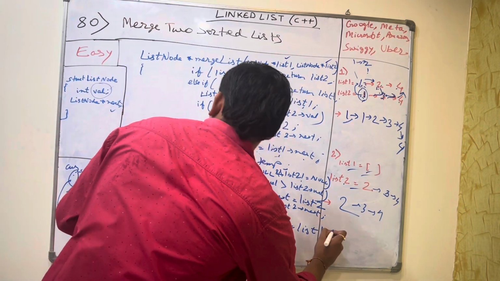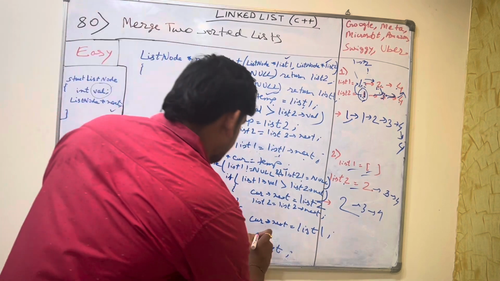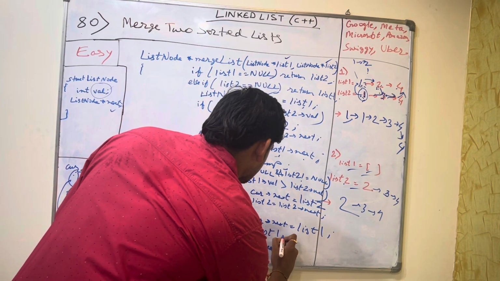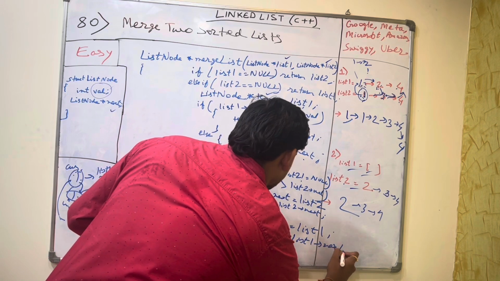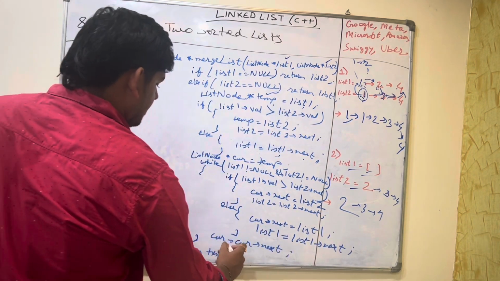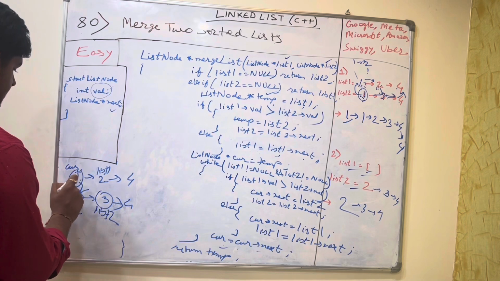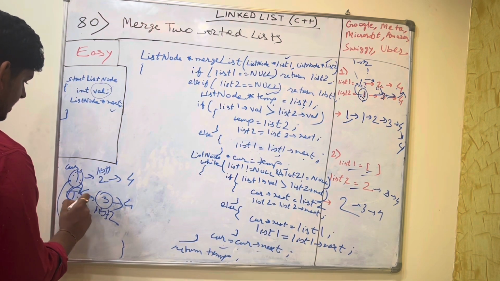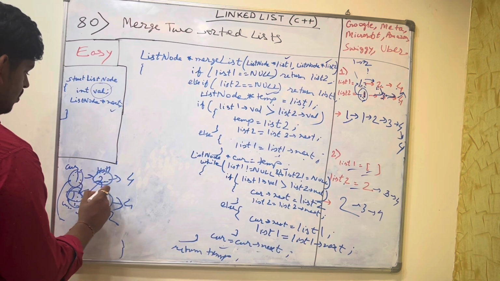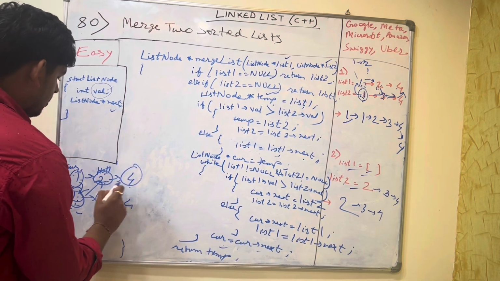Current next will be pointing to list 1, and then we will make list 1 is equal to list 1 next. Okay, same thing we have done, and after that we will move current to current next, so that this can move to this one was here, this moved to here, 1 is pointed to 2 here, then this becomes 4.